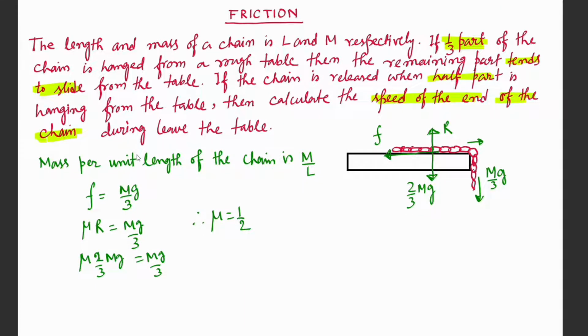When the half part of the chain is hanging from the table and it is released, the frictional force gradually decreases as the mass of the chain remaining on the table gradually decreases. Therefore, we have to use calculus here. Now we consider that x is the length hanging from the table, and x is greater than 1/3 of it.